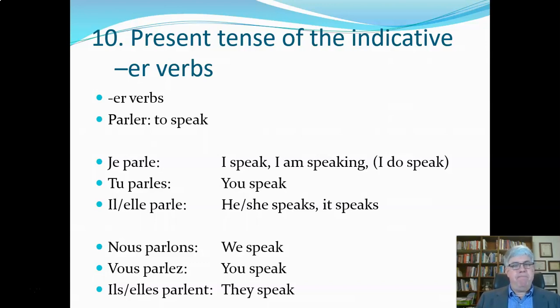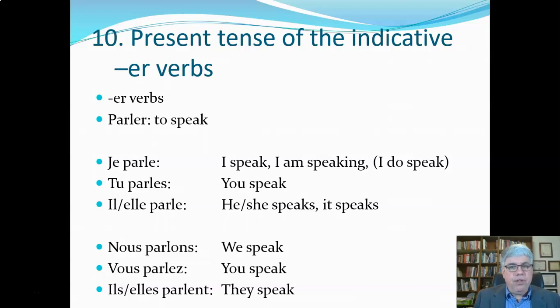Somewhere between 80 and 90% of the verbs end in ER in the infinitive, so they're called the ER verbs, or the first group of verbs. We'll see other groups of verbs. The second group ends in IR, and then the third group of verbs ends in everything else, typically RE.